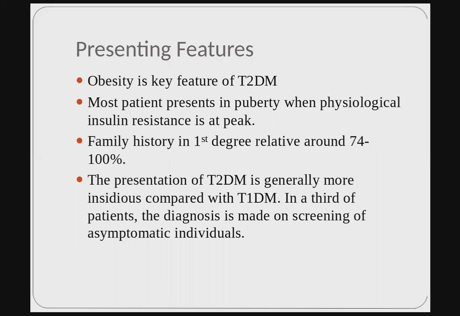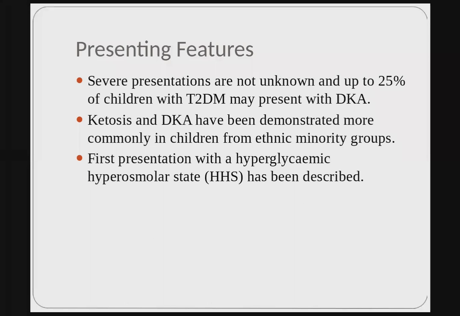Severe presentations are not unknown, and up to 25% of children with type 2 diabetes mellitus may present with DKA. Ketosis and diabetic ketoacidosis have been demonstrated, but more commonly in children from ethnic and minority groups. The first presentation may also be a hyperglycemic hyperosmolar state, and it has been described.